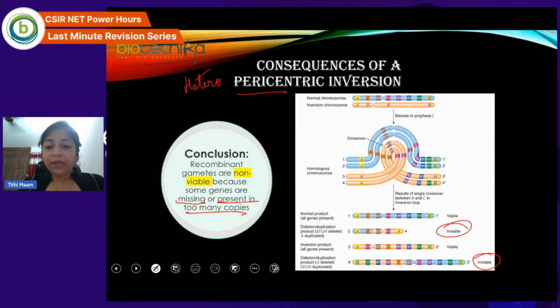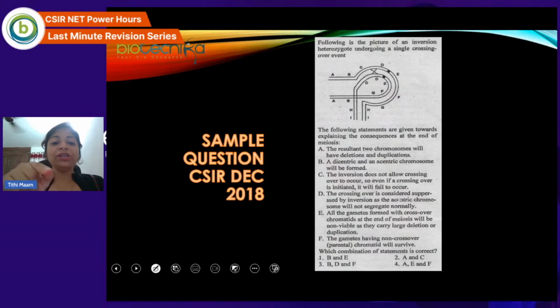And because of that, the recombinant gametes will be inviable. All right, now let's see the question. The question can be asked in this form. This is taken from CSIR December 2018. In this, you see the image is given to you. It says that the following is the picture of an inversion heterozygous zygote undergoing a single crossing over event.